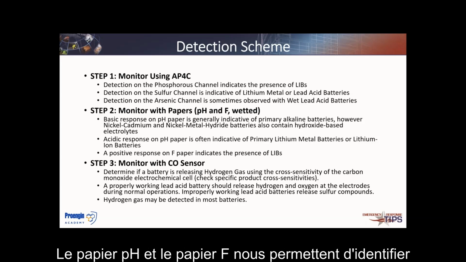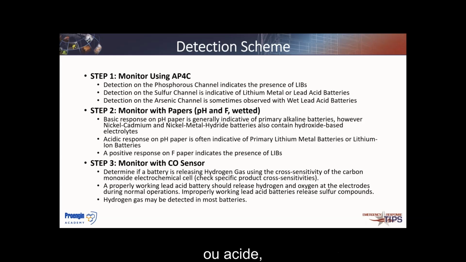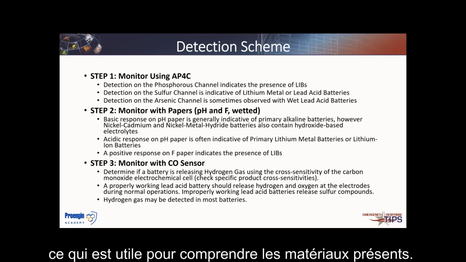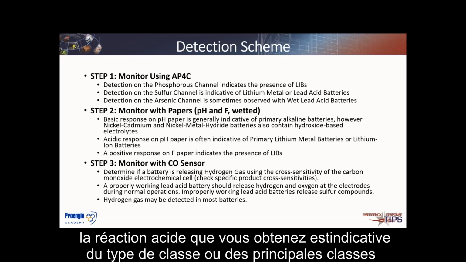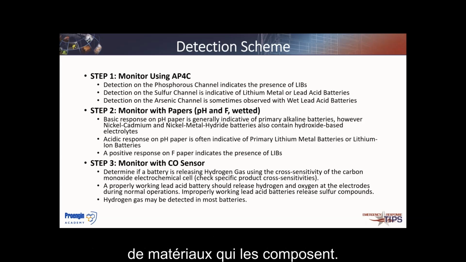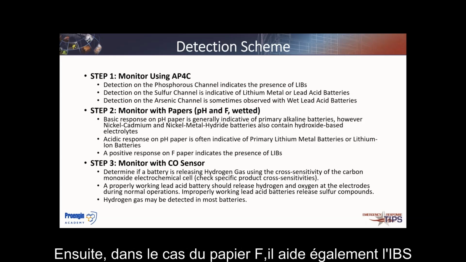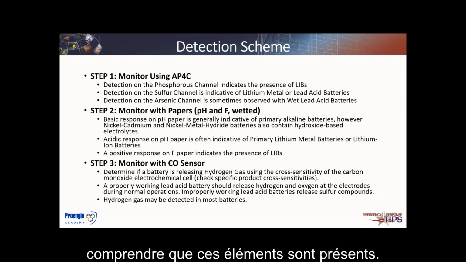In the case of the pH and the F paper, it lets us know whether we are dealing with an alkaline threat or an acidic type threat. The acidic response that you get is indicative of the major classes of materials involved. And in the case of the F paper, it's also helping us understand that fluorine-containing materials are present.